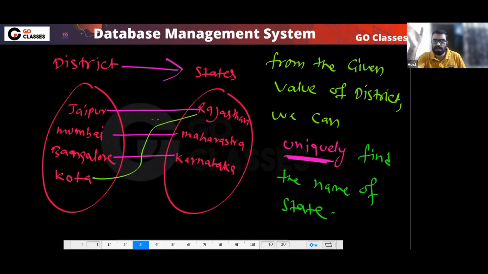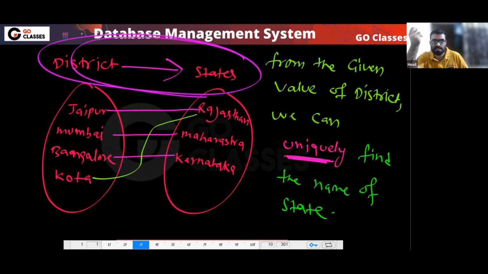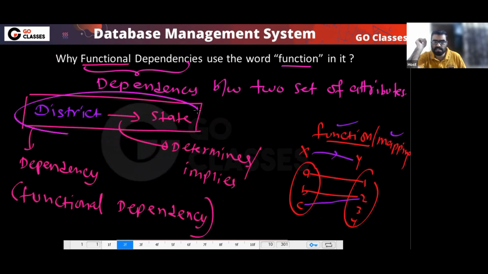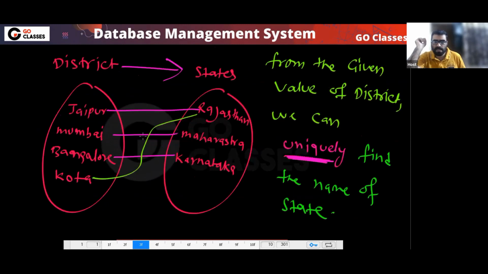I told you, every functional dependency is a function basically, and a function need not be a bijection. A function may be a bijection, or it may not be. In this situation, this is a functional dependency and this is not a bijection.